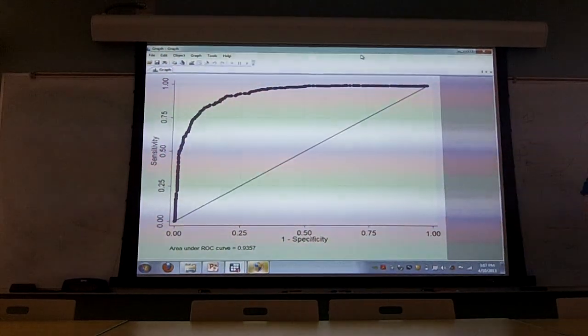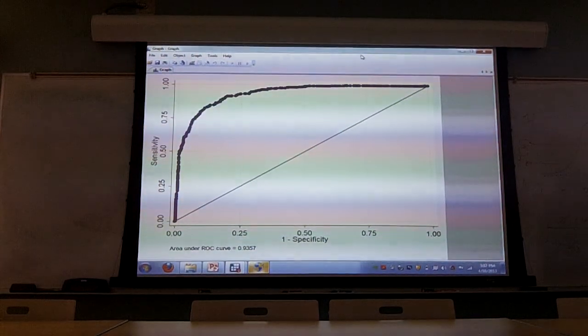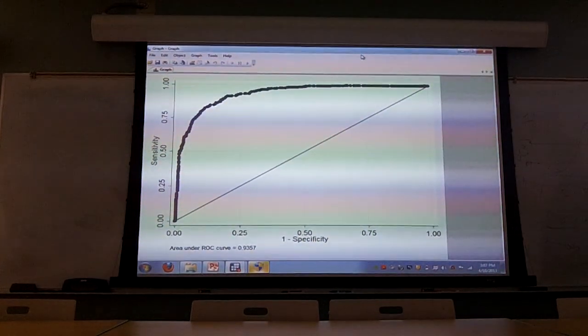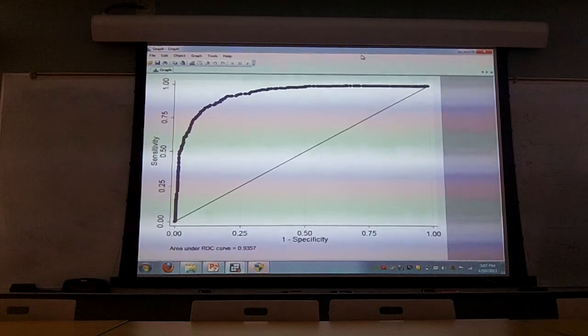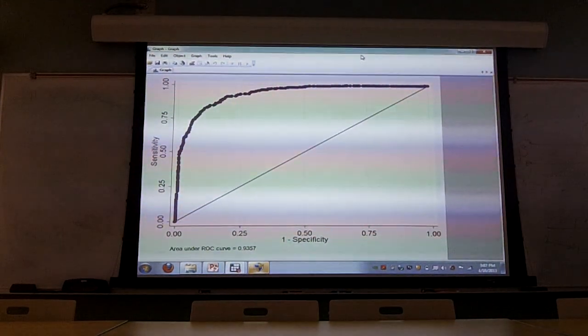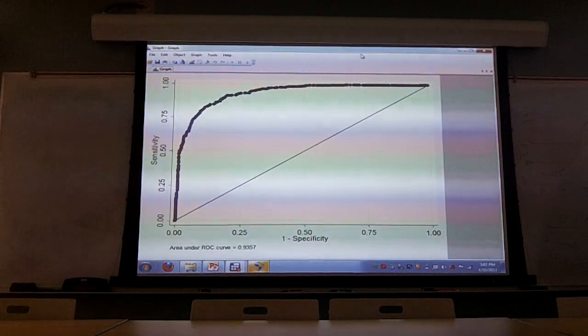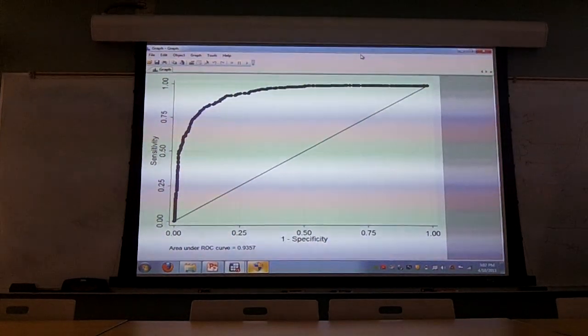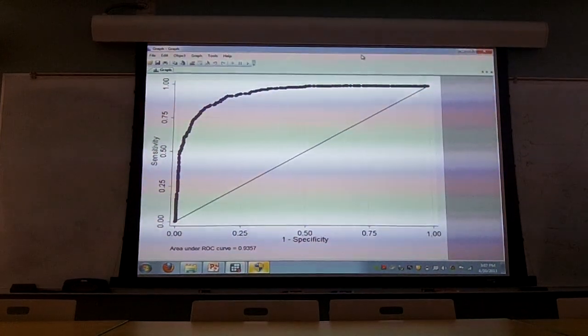So optimally, we would like our C statistic to be as close to 1 as possible.